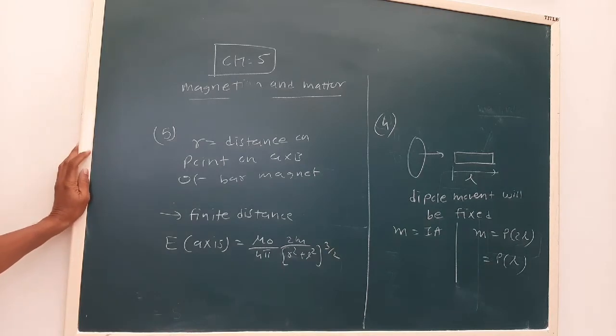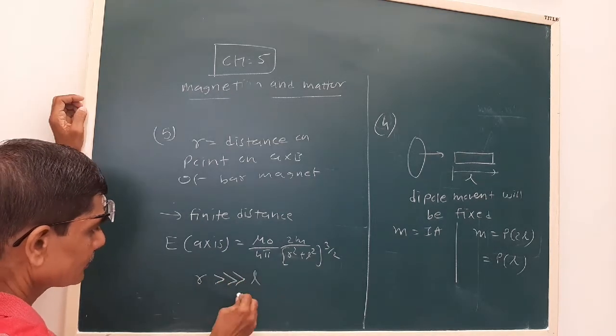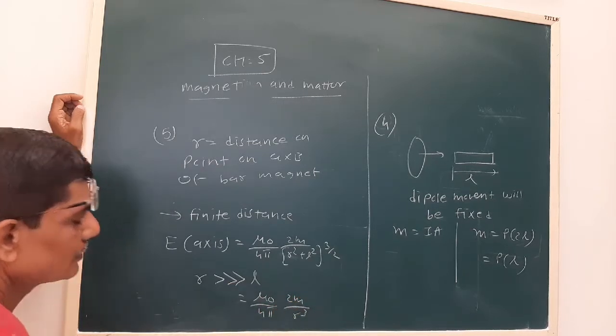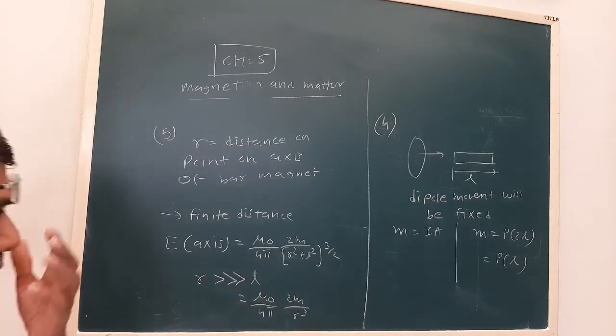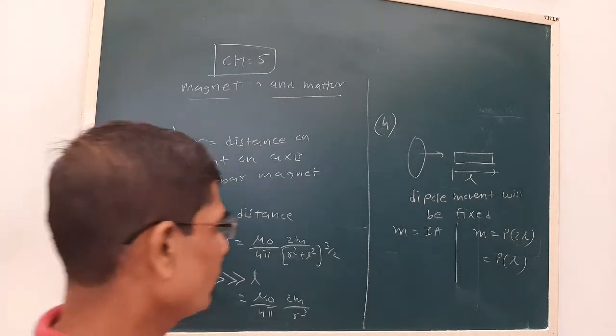L is the length, R is the distance. But if R is very large compared to L, mu 0 upon 4 pi. So if it is infinite distance, very large distance, it will be varying as 1 upon.